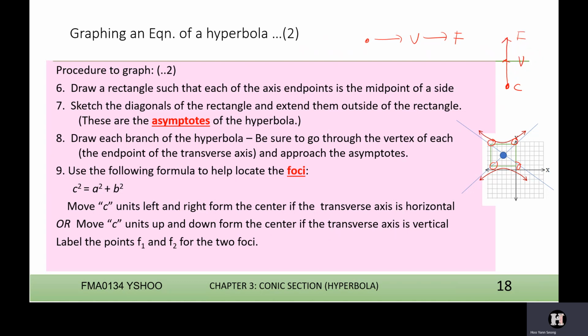Then you put in your foci. If the question requests the equation of the asymptote, please calculate the equations of your asymptotes.